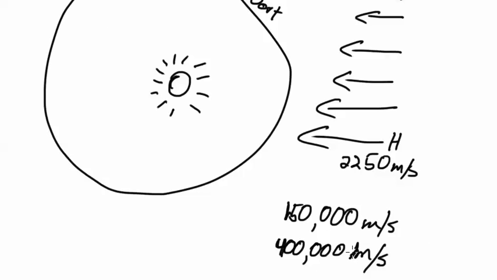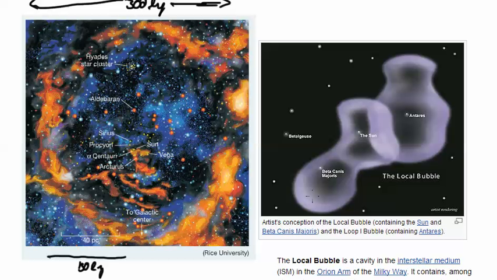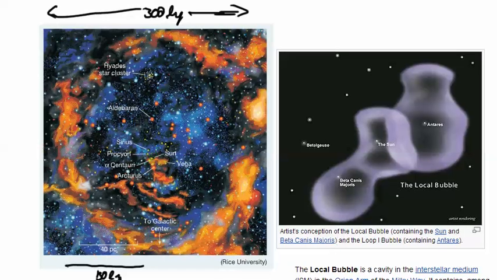Besides being much faster than the wall that would be coming through, it's also probably quite a bit more dense at this position, because by the time it got to the sun from the center of this sphere, it's already gone about 10 light years. It's going to be a fairly dilute gas by that time.